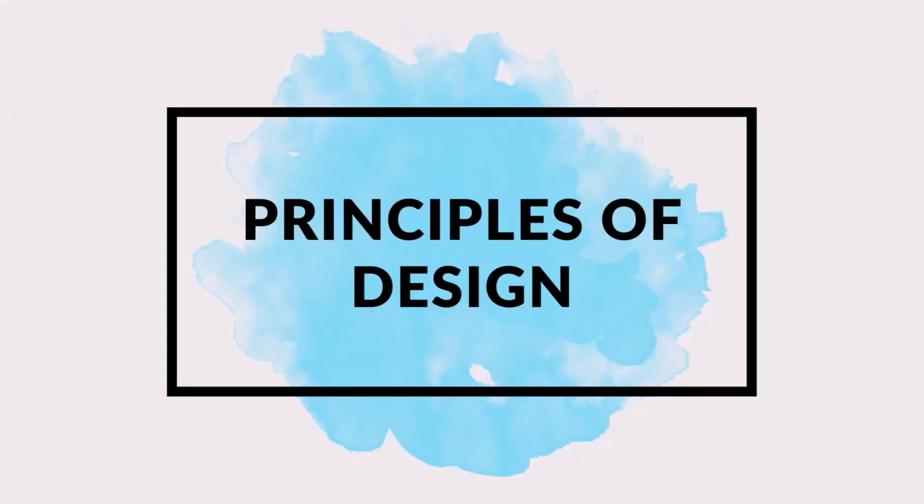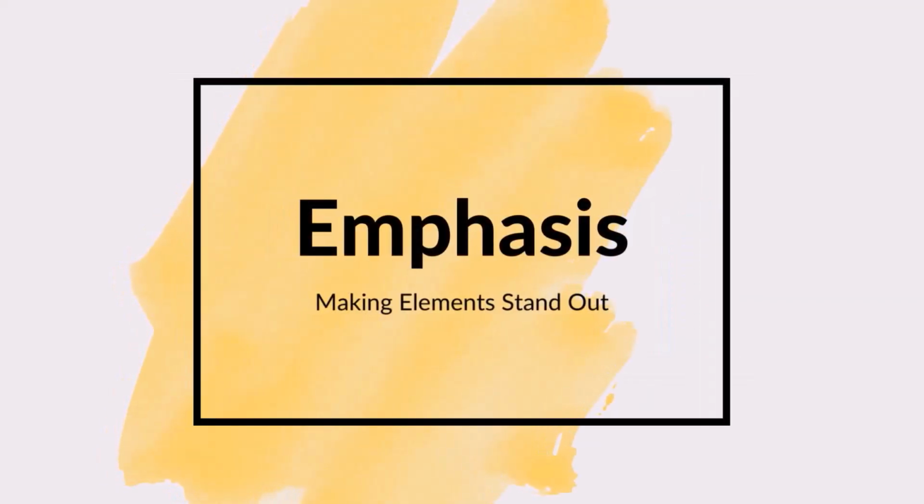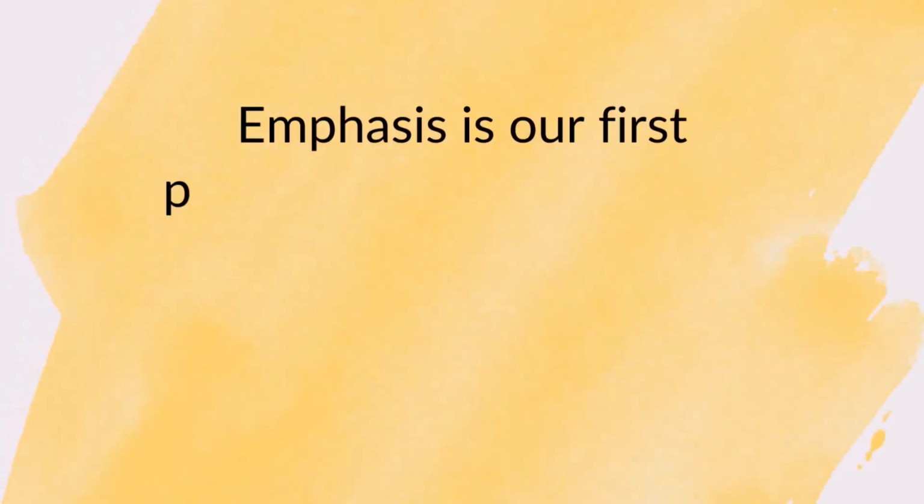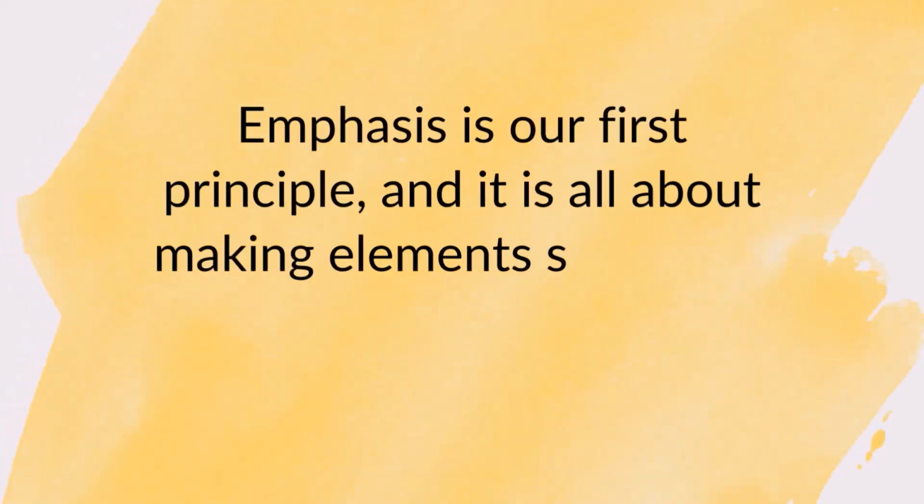And the first principle we are going to highlight, which is very important to every design you see out there, is emphasis. So what emphasis does is that it makes elements stand out. When you see a text or a particular part of a design that stands out, that is emphasis for you. Emphasis is our first principle, and it's all about making elements stand out.